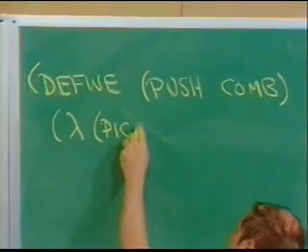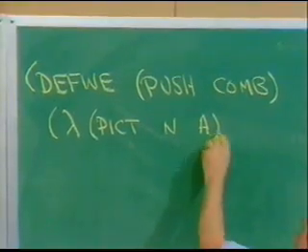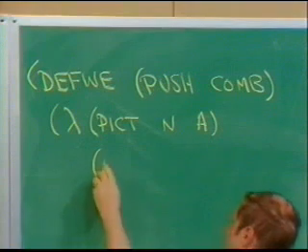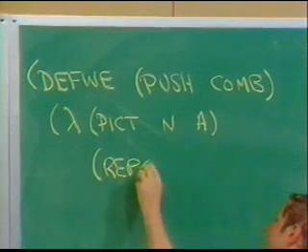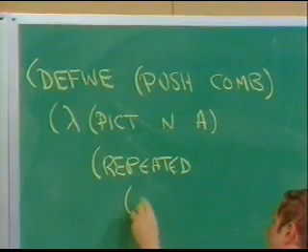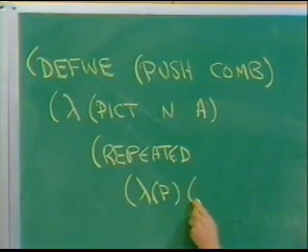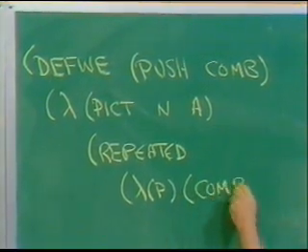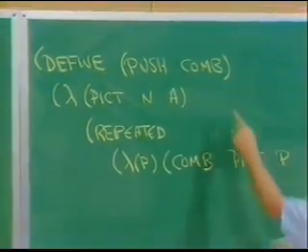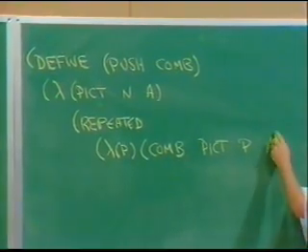So this is going to be something that takes a picture, a level number, and a scale factor. And it's going to say, I'm going to do some repeated operation. I'm going to repeatedly apply the procedure which takes a picture and applies the means of combination to the picture and the original picture and the one I took in here and the scale factor.